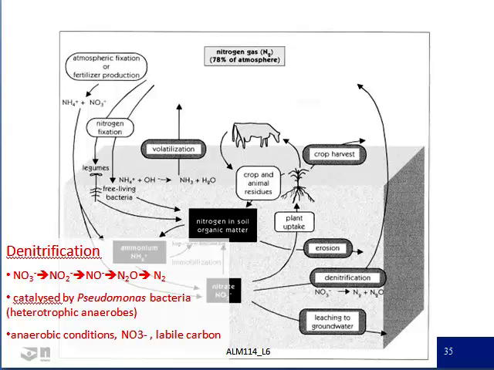Denitrification is the process where nitrate, NO3, becomes nitrogen gas, N2. It is the opposite of nitrification in that oxygen is removed rather than added. Denitrification requires the absence of oxygen, or anaerobic conditions, to perform.